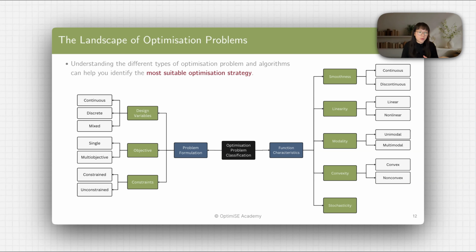Now, finally, we can also classify a function in terms of its stochasticity. So a function can be deterministic or it can be stochastic. So what does this mean? If your function is not just one single equation, but it actually comes with uncertainty, you might see some representations like a function has a mean and a variance and is described using a normal distribution, then that function is a stochastic function.